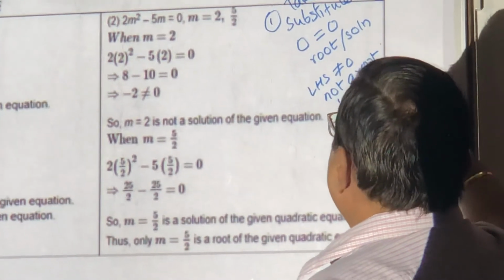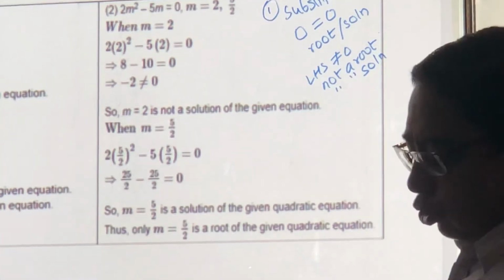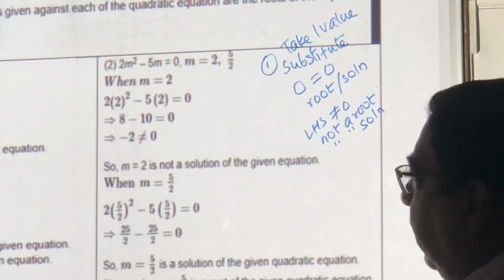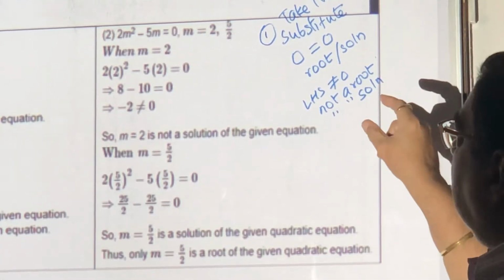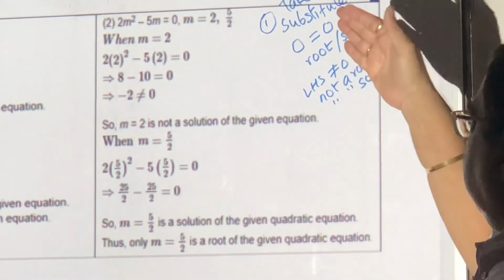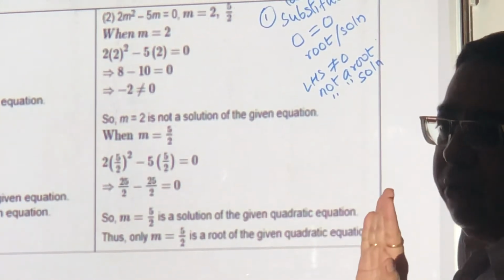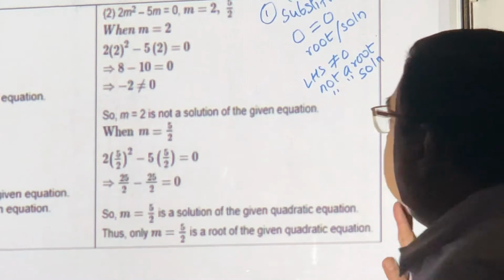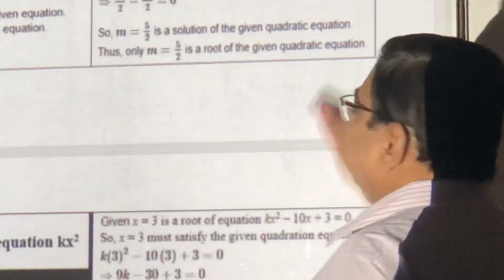This is how you should write. Very simple steps I am teaching you side by side. Take only one value at one time, substitute, root or not. Take the second value, repeat the process, root or not. Then write the answer, which is the final root or roots. Okay, my friends? Let's go to question number 5.